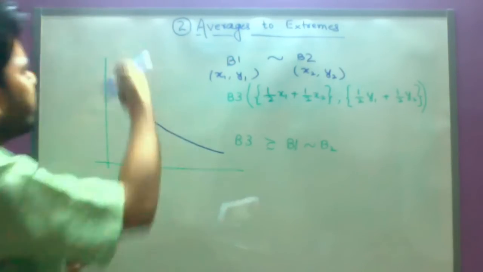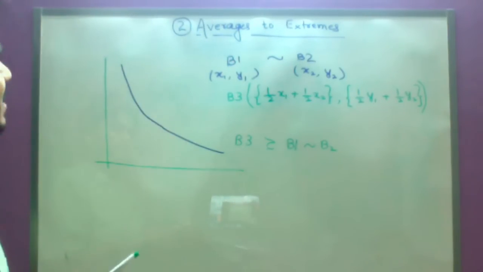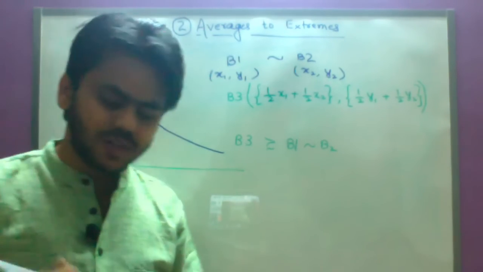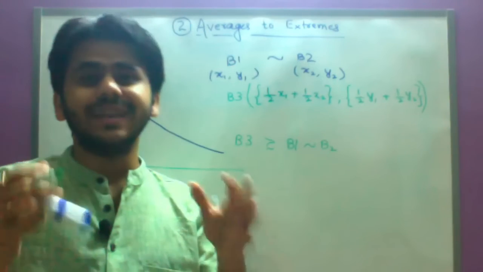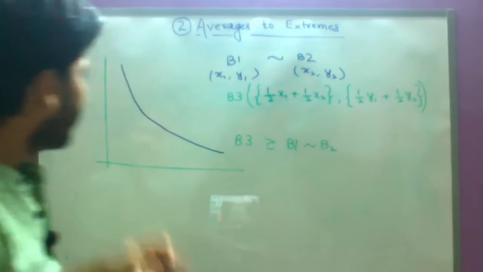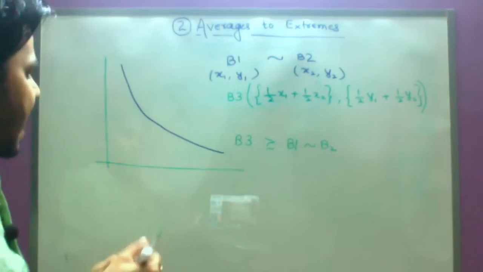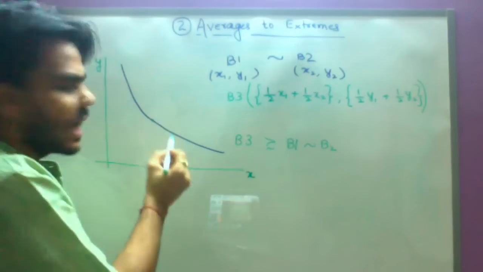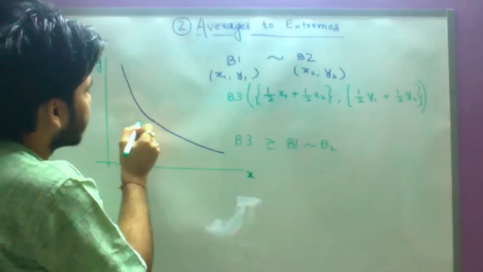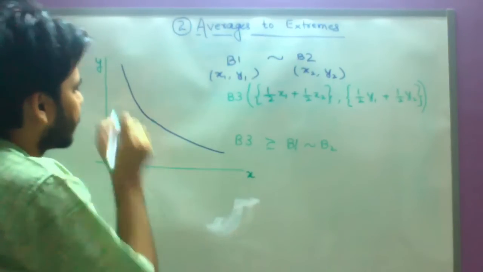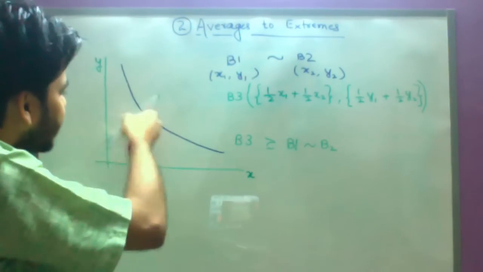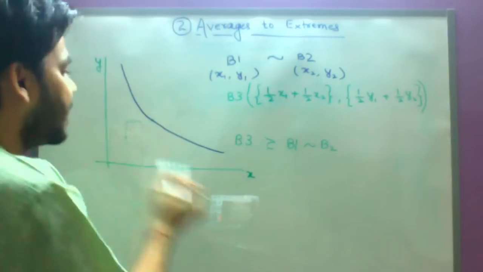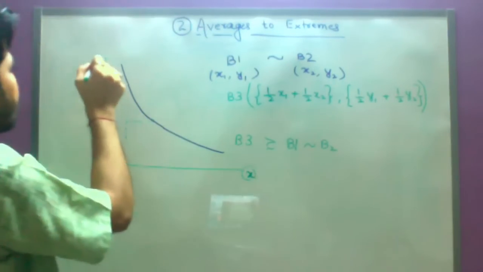Now why do we have this convex structure? Let's understand the first assumption. The first assumption was more is better. So let's say I am at this point somewhere here, and if I move in this direction and then this direction, essentially I'm moving somewhere in this direction, so in that sense, I'm decreasing both the goods.